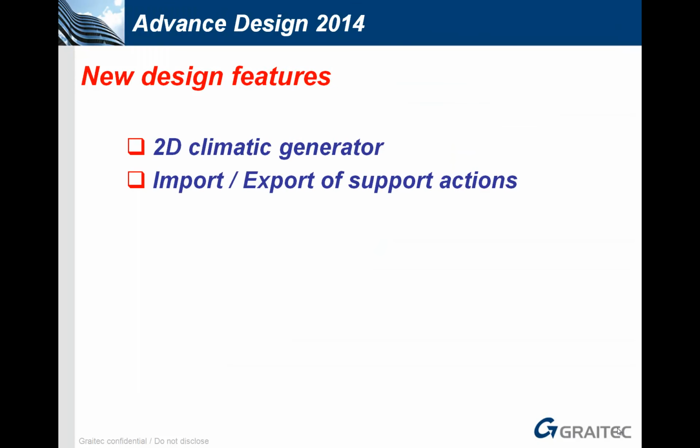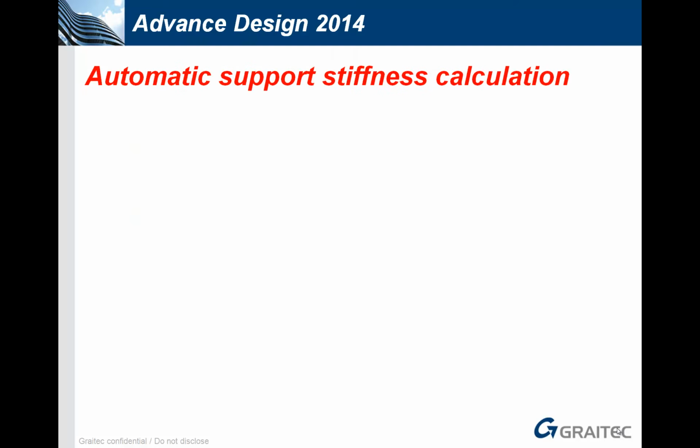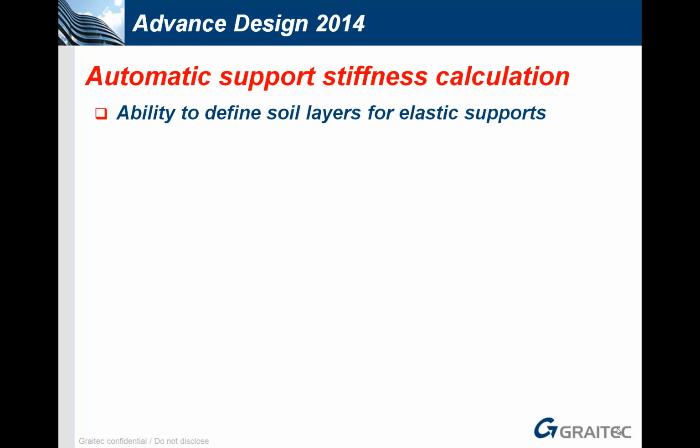So another new design feature is the automatic calculation of support stiffness. See, when you define an elastic support, could be a punctual one, a linear one or a planar one, you can define soil layers and you no longer require to enter a vertical stiffness.